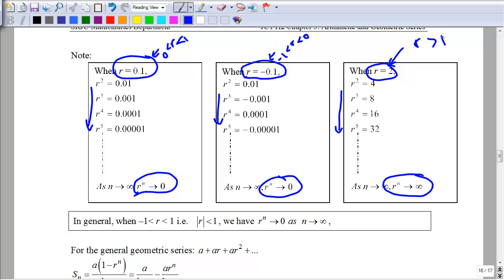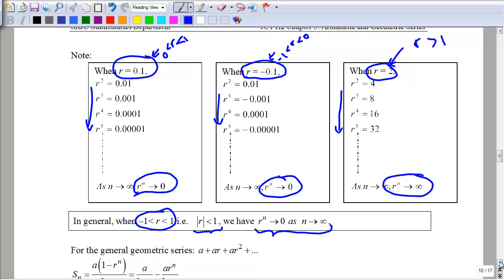Now, we see that when r takes values between negative 1 and 1, or when we say mod r is less than 1, we have the values of r to the power n getting closer and closer to 0 as n approaches infinity.